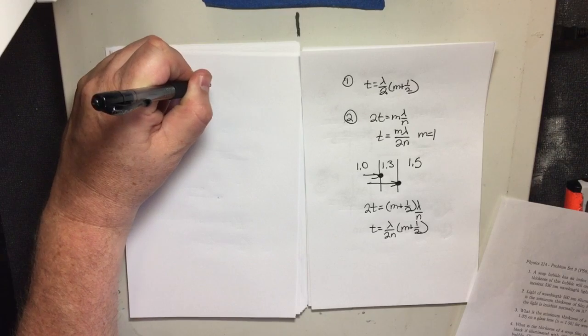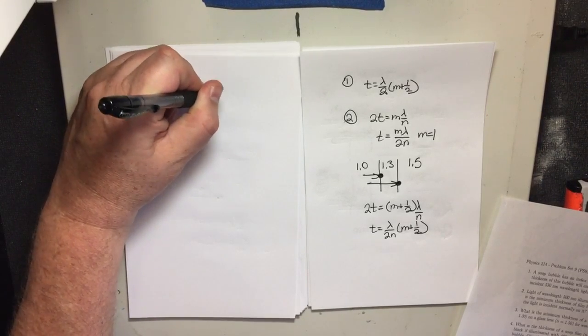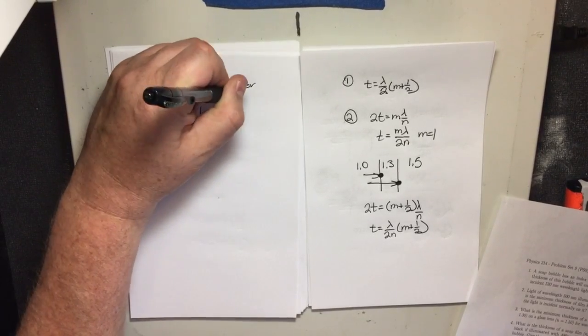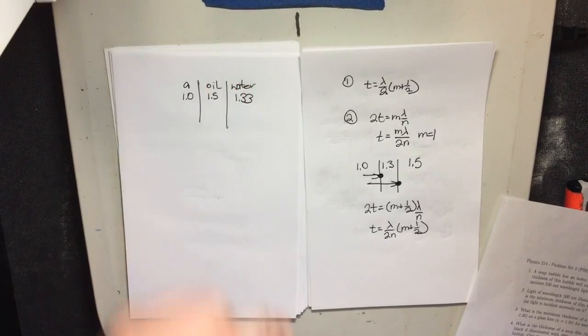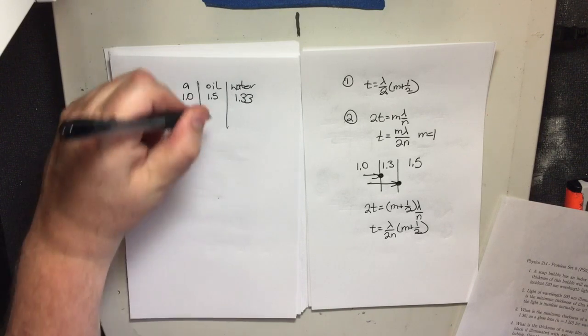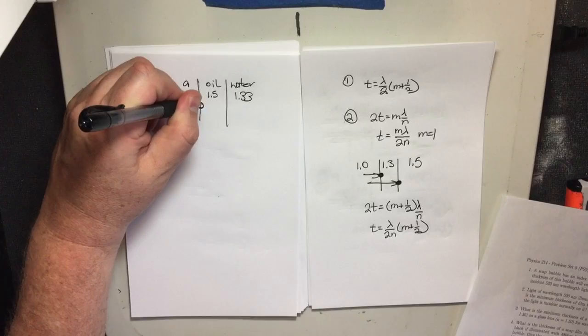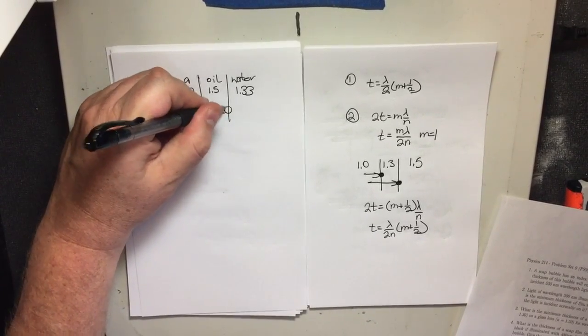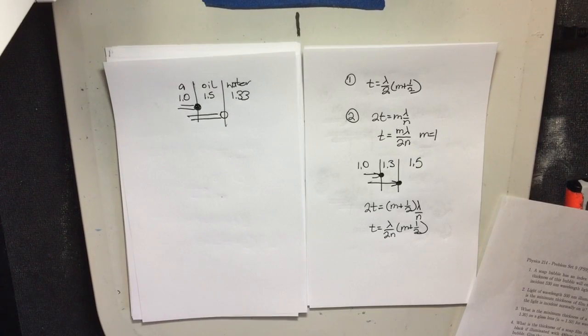You have oil, 1.5. And you have water, 1.33. Low to high, phase change. High to low, no phase change. We're dealing with an odd change.